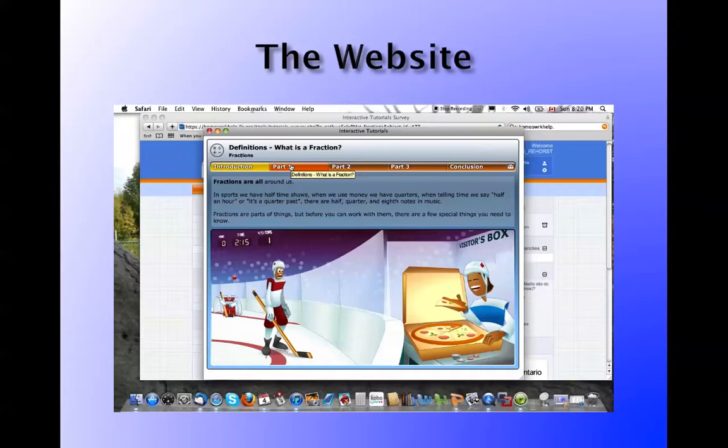So these are interactive and they come with several parts. So the student can read through, or you can set it up so that your students are using a wireless keyboard and mouse with your digital projector and they can go through it.